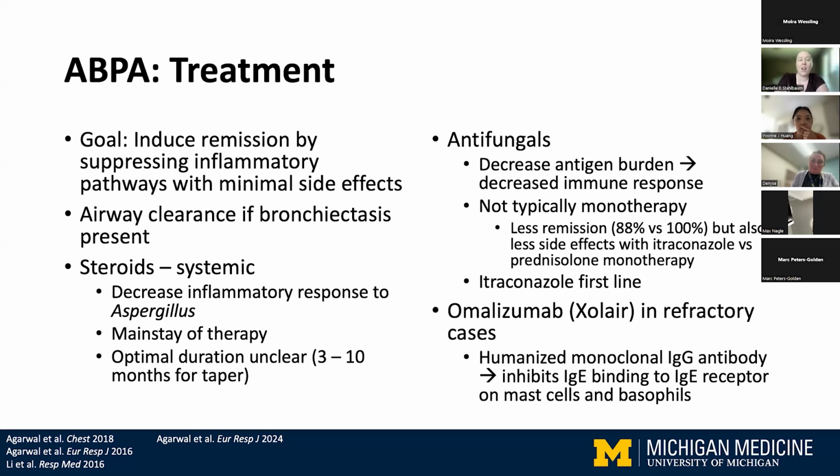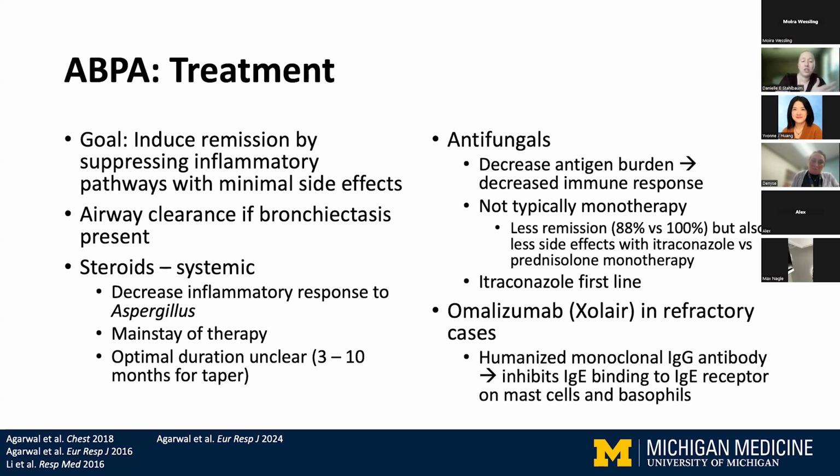That said, I would imagine in the future that we will be reaching more for antifungals as first line. There is a small study that looked at itraconazole versus prednisolone monotherapy, and there was less remission, but 80% of patients did achieve remission with less side effects with itraconazole. So larger studies are needed to look at that, but that may be something down the line.